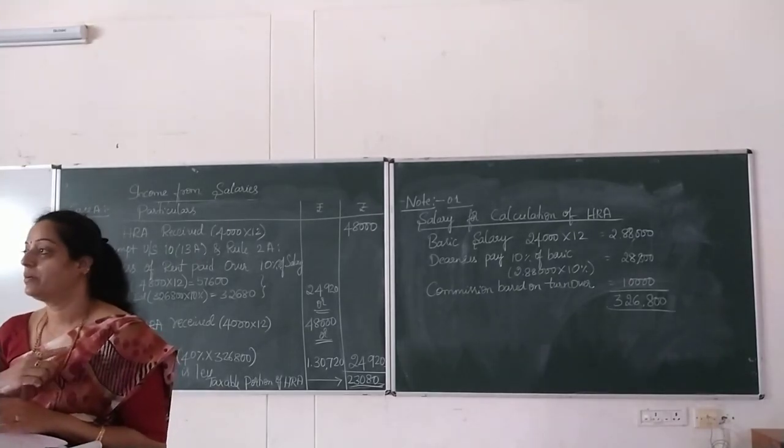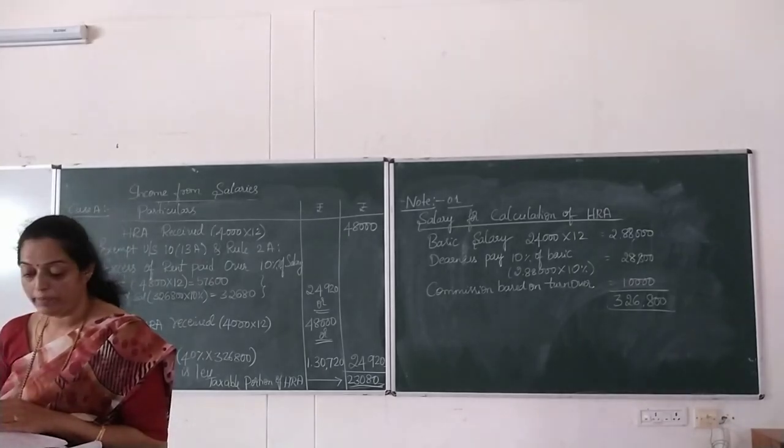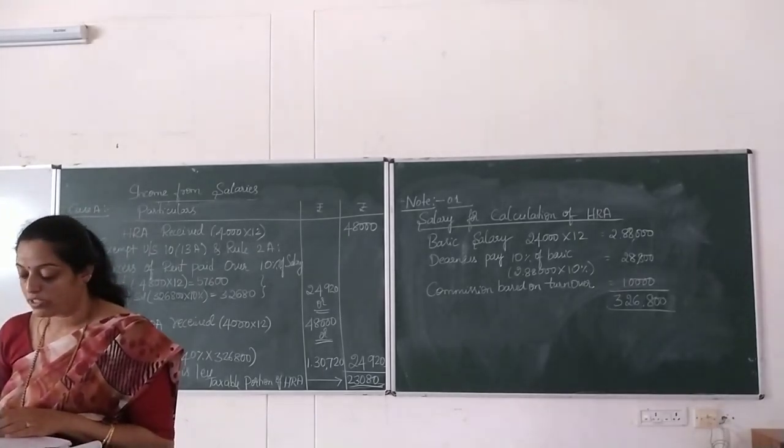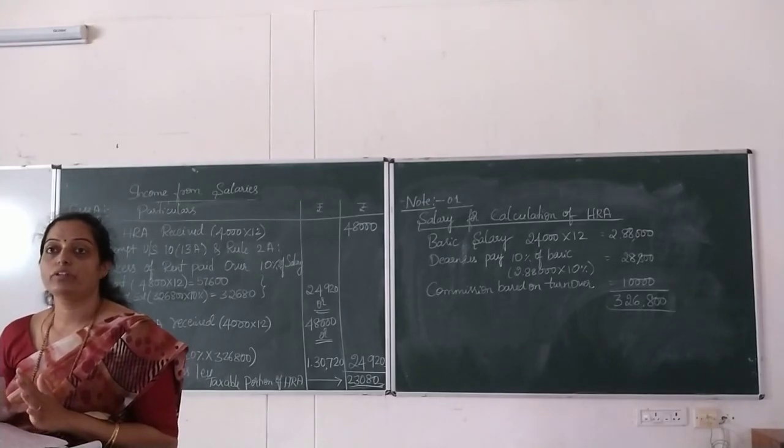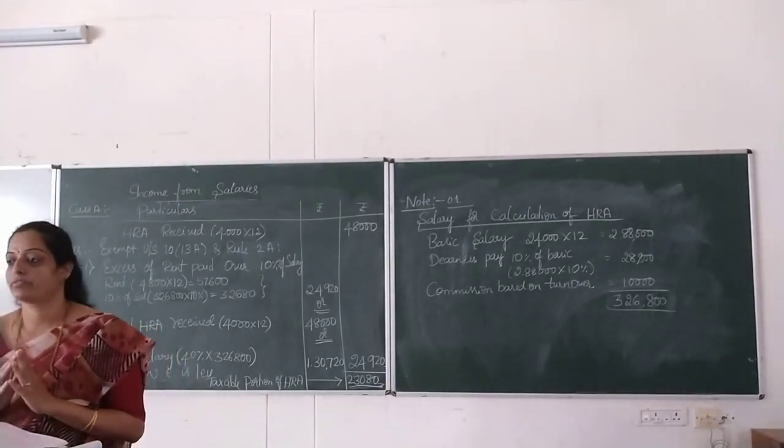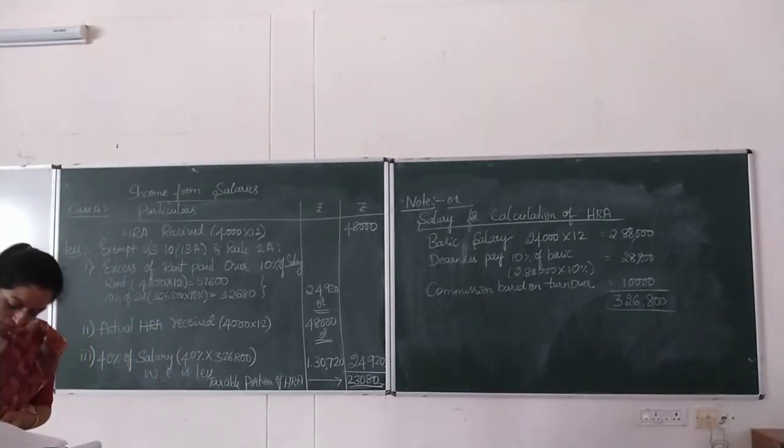We are calculating basic salary. Next, the house is situated at Delhi, so 50% of the salary.